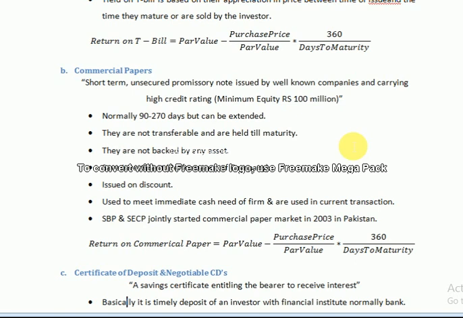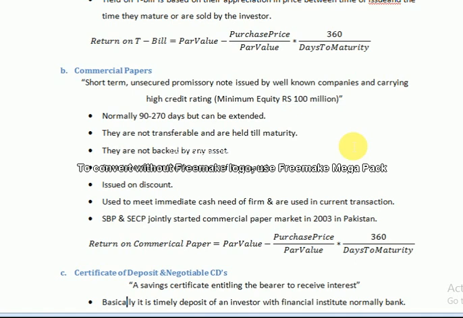T-bond offerings were suspended for 4 years, between 2002 and 2006. Why was this offering resumed? Due to demand from pension funds and other long-term institutional investors.